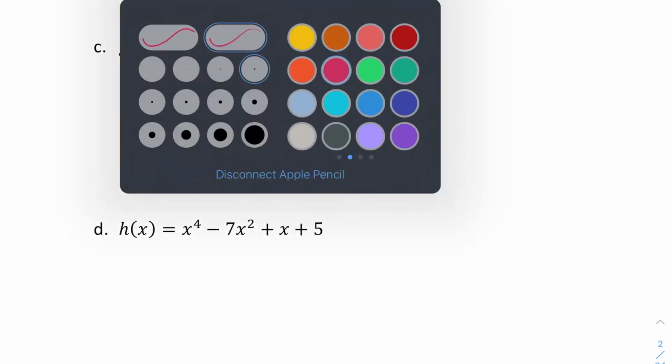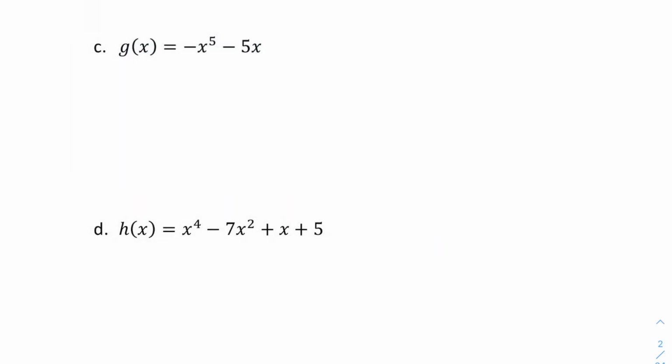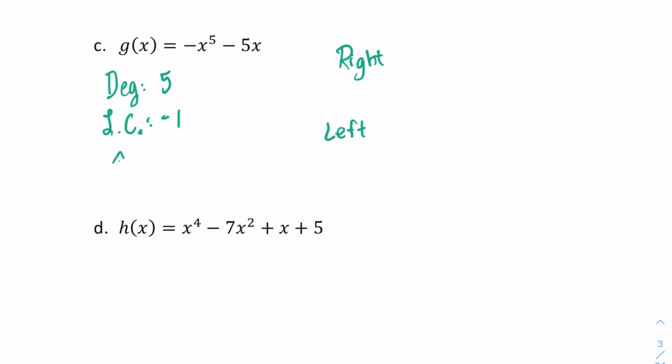All right, this one you have a degree 5 polynomial, and it has a leading coefficient of -1. So it's an odd degree. Both ends are going to go opposite directions, and negative leading coefficient means that as I go towards the right side of my graph, it's going down, just like a line with a negative slope. So right side is down and the left end is up.